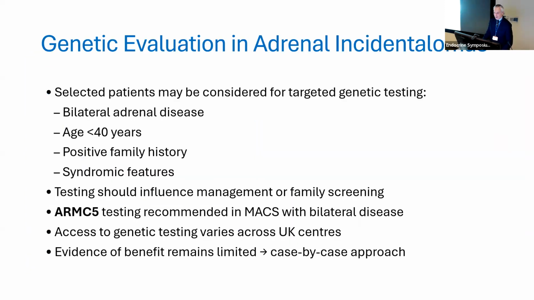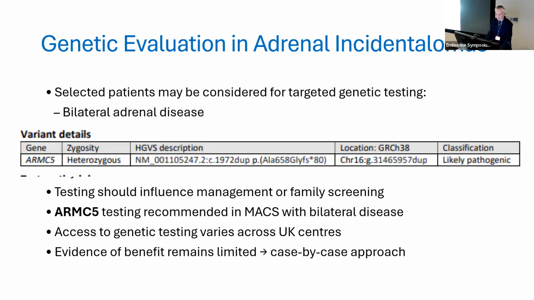In such a case, we should consider genetic evaluation, as there are certain conditions associated with bilateral adrenal masses and autonomous cortisol secretion or Cushing's syndrome. We are more and more aware of ARMC5 mutations, for instance, which testing is recommended in MACS and bilateral adrenal disease. And this particular patient was found to have a likely pathogenic mutation for ARMC5.